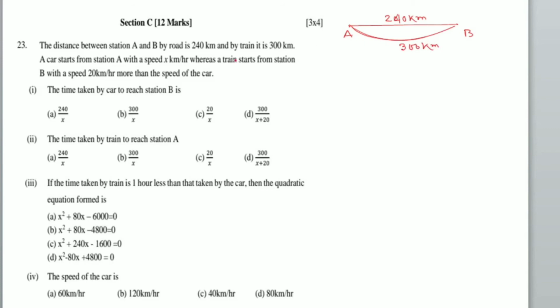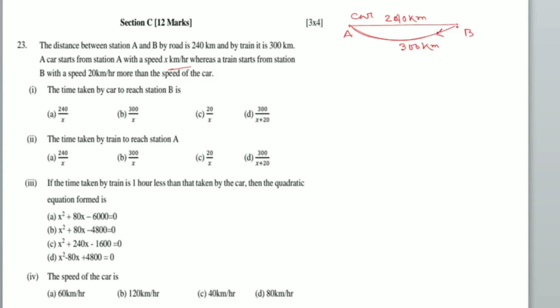Okay. Now it is said that if a car starts from station A with a speed x km per hour, the velocity of the car, this is the car, and the velocity of the car is x km per hour, whereas the train starts from station B, and the speed is 20 km more than the speed of the car.